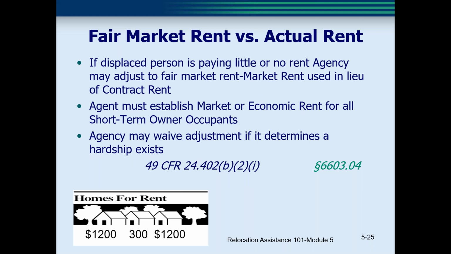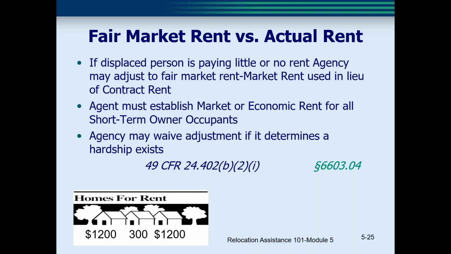So I have included a copy of an instructional guide or worksheet for a market rent study. This was actually a form that one of the right-of-way consultants came up with, and we thought it was really good.